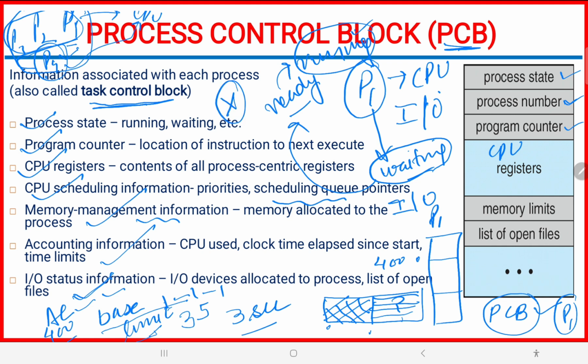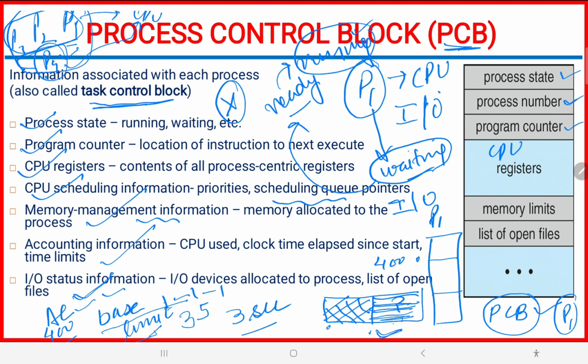But in case it switches from the running state to the waiting state, the PCB is stored. Why is it stored? So that when this process again gains access to the CPU, the saved state is brought into picture so that the CPU can begin from the place where it left off and complete the remaining execution for this process.